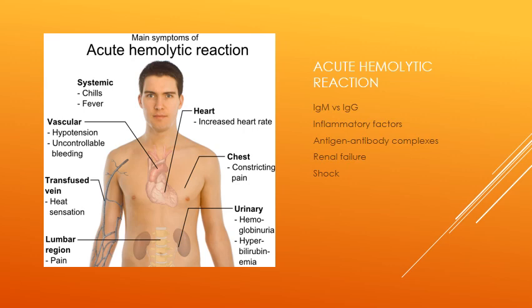When the red cells lyse, you end up with all kinds of components entering into the bloodstream, which will trigger even more inflammatory factors into the plasma from the inside of the red cell, from everything else. That'll call in a whole bunch more immune cells, mast cells, neutrophils, all that kind of stuff. You'll get smooth muscle activation. You'll get serotonin and histamine being released.